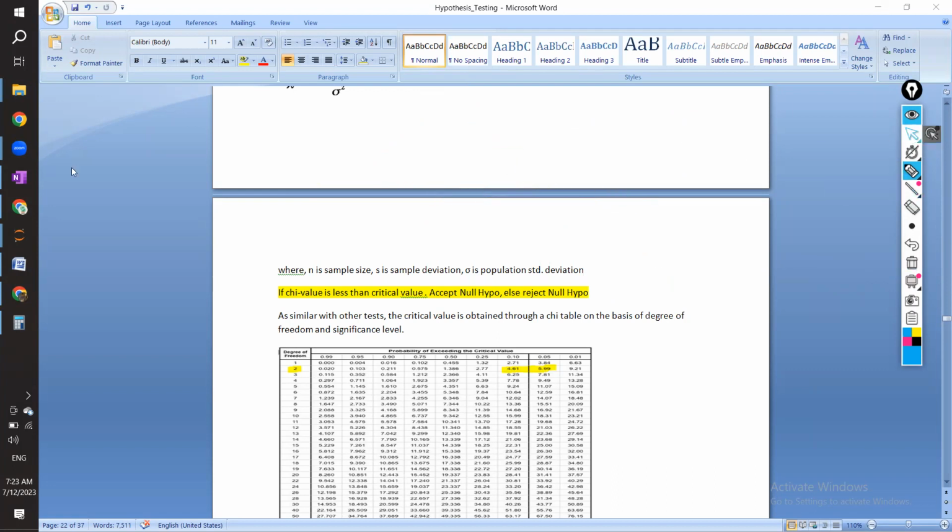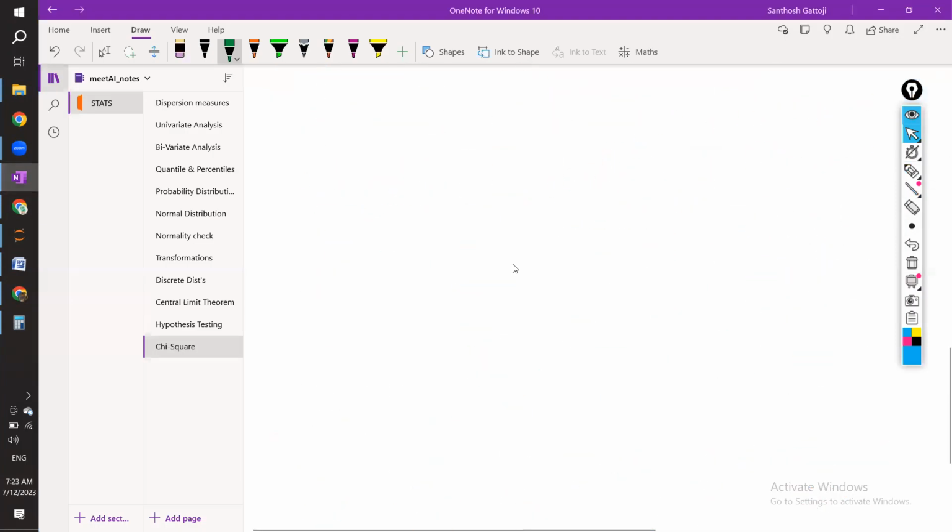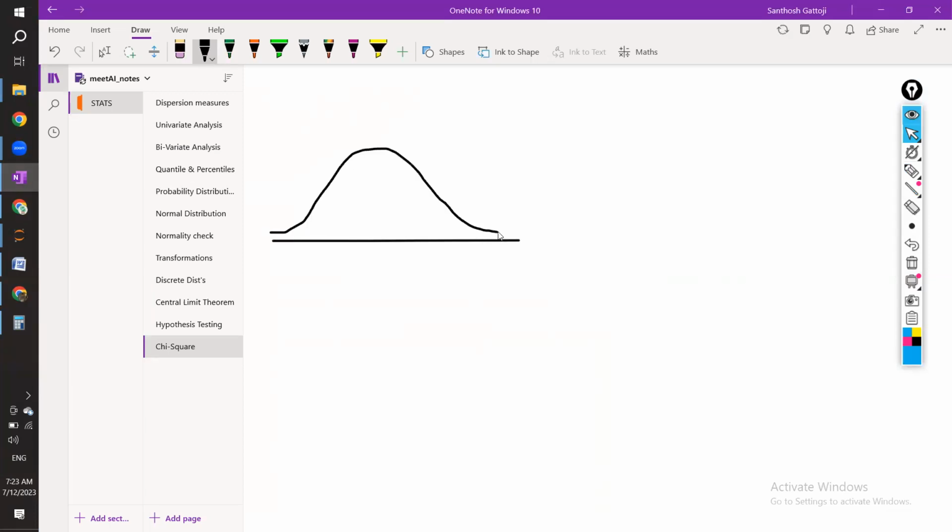So guys, I think I'll just draw a diagram to clear the confusion. You will understand now. This is our distribution. Over here our null hypothesis will stay. Now observe what I'm saying.